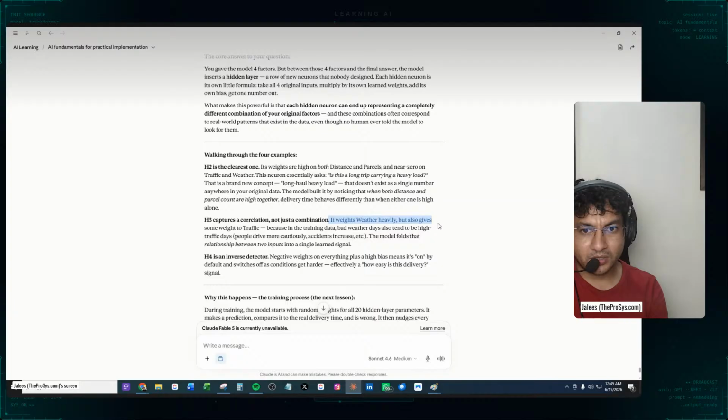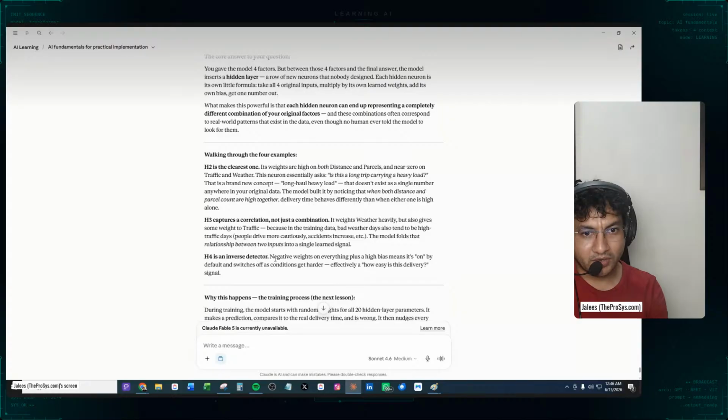It weighs weather heavily, but also gives some weight to traffic. Because in the training data, bad weather also tends to be high traffic days, people drive more cautiously, accidents increase. The model forces that relationship between two inputs into a single learned signal.